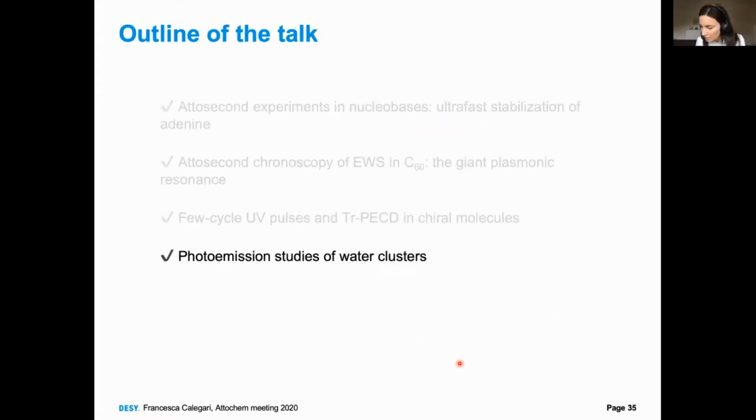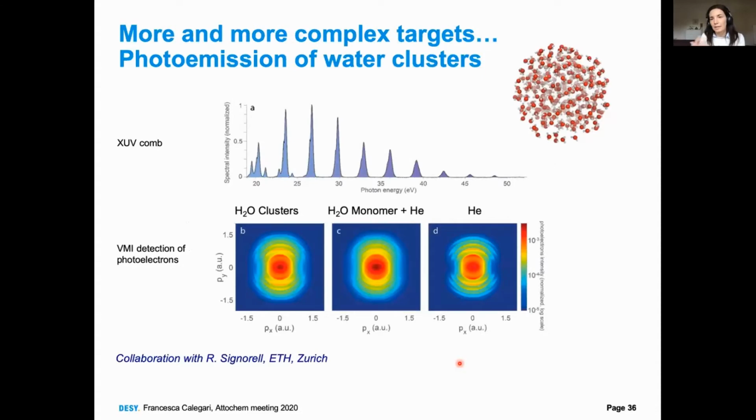Finally, I think I have a few more minutes. I would like to show just preliminary results we have obtained in water clusters. So the idea of my group is to slowly move to a more realistic environment for these biorelevant molecules.